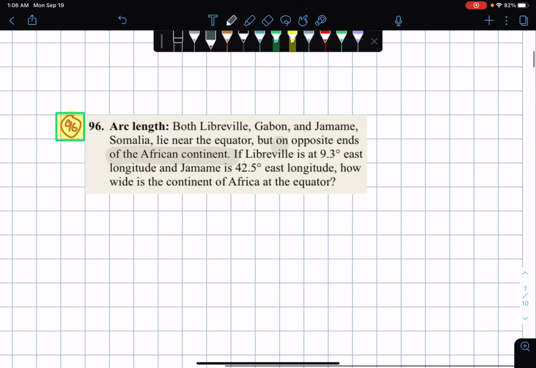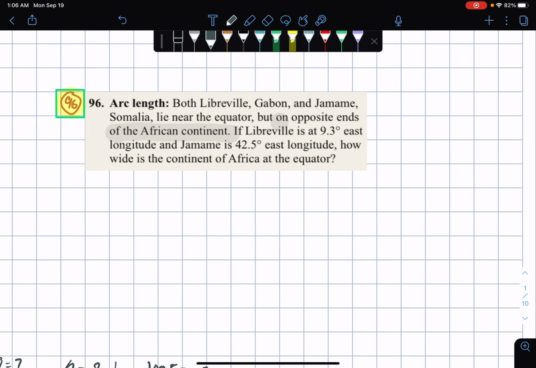Alright, for number 96. Both Libreville, Gabon, and Jamame, Somalia, lie near the equator. So let's cut to the chase. In order to solve for theta, we subtract, with the higher value first and the smaller value next.